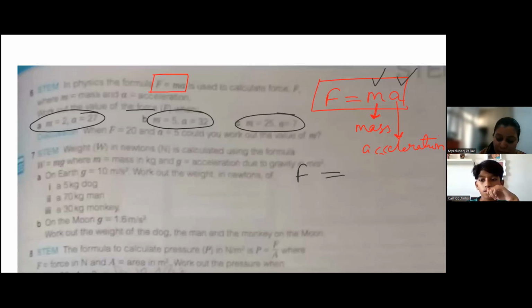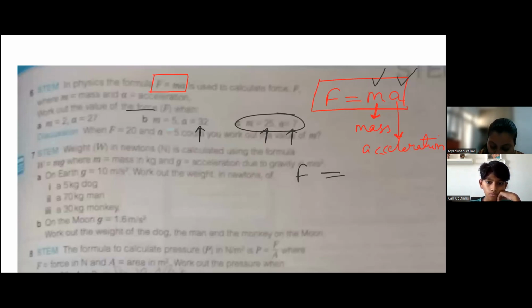So we'll put the value of m as 2, a as 27 and find the answer. Then m as 5, a as 32. Then m as 25 and a as 7. And then in the last part, when F is equal to 20 and a is equal to 5, could you work out the value of m? We'll see that also. First, let us find out these values.